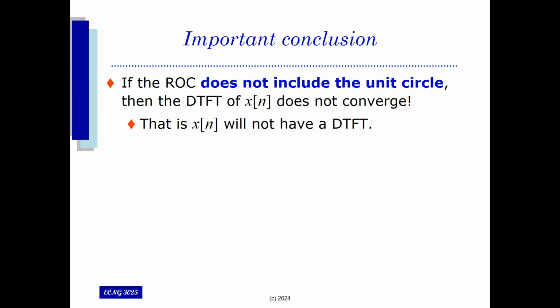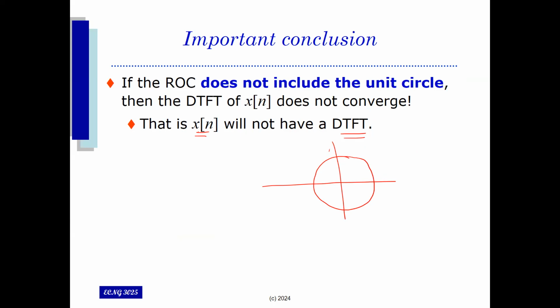Now what that means is that if I have some expression, and this is the unit circle here, okay? And the region of convergence of that expression does not include that unit circle, then whatever sequence it is will not have a DTFT. In other words, the answer will not converge.